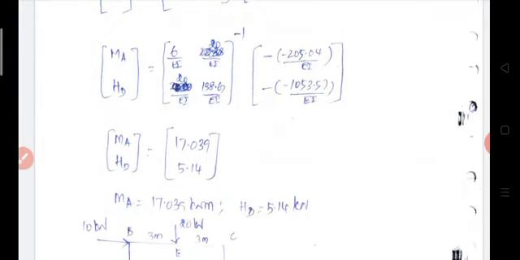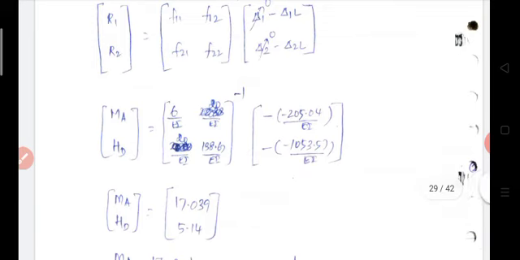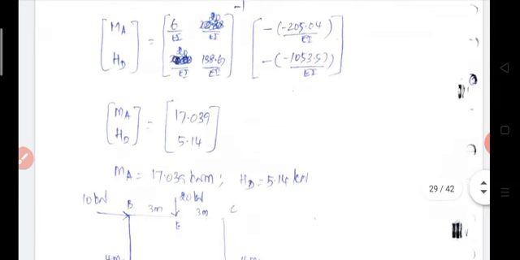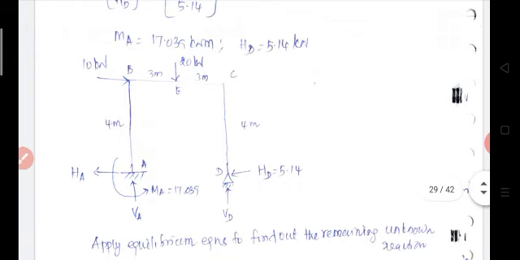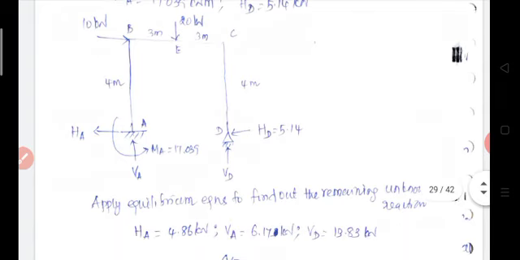Then after multiplying this flexibility inverse and displacement, the redundants MA and HD are: MA is equal to 17.039, HD is equal to 5.14. Then after determining these two redundants, now determine the other unknown reactions with the help of equilibrium equations.